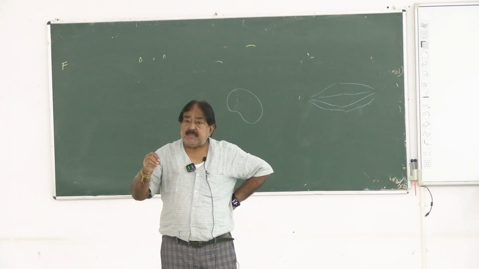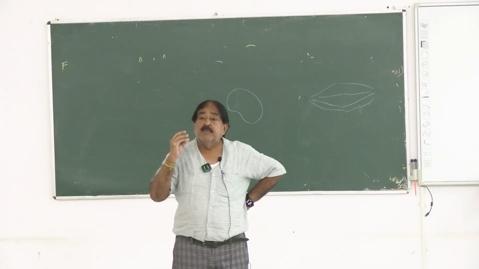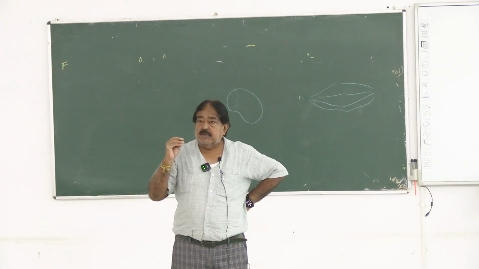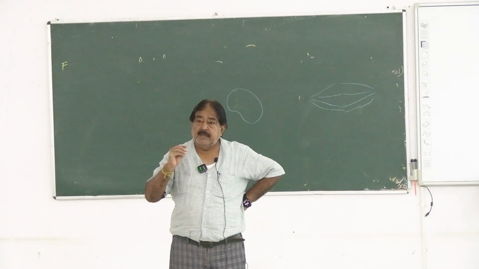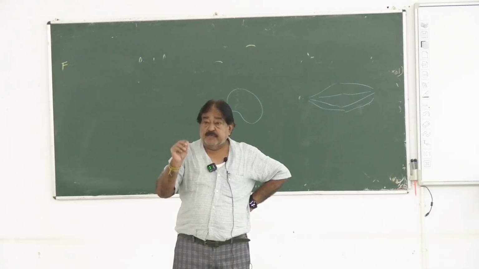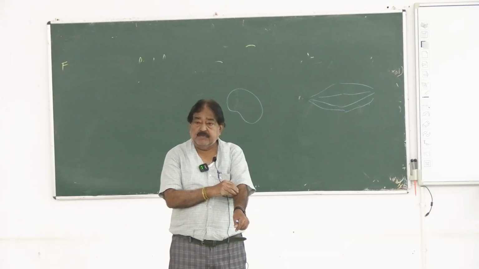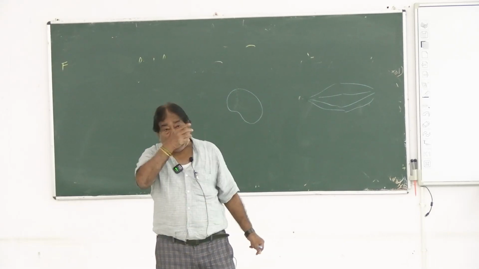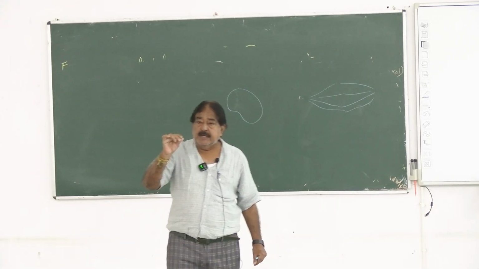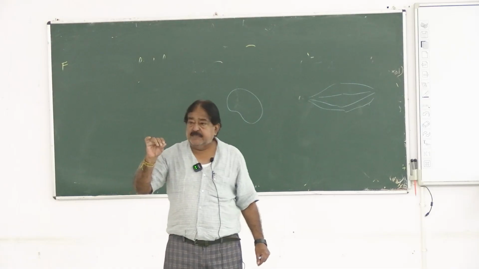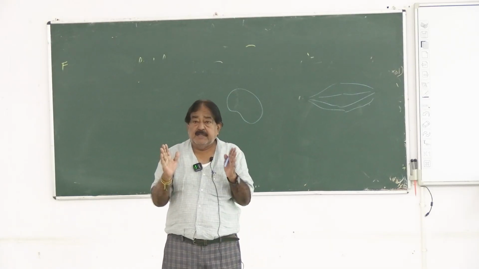Now, if it is a lipoma, it will be soft and movable. If it is a neurofibroma, you can have a small neurofibroma, and you see how it is nodular, and you can palpate and differentiate.